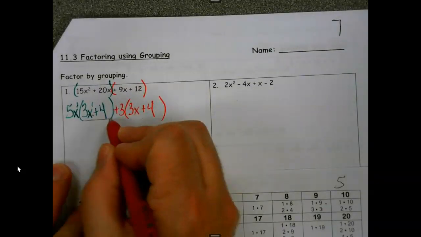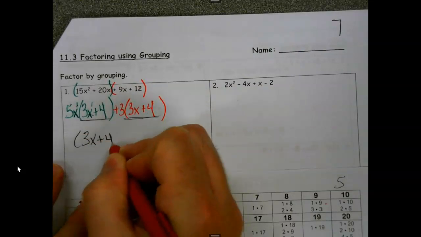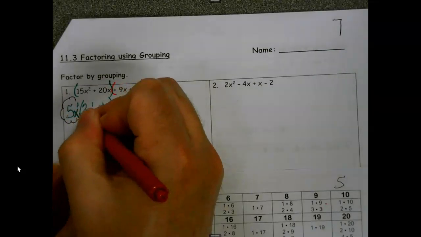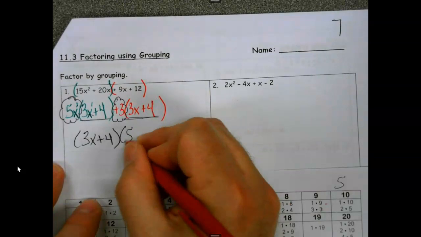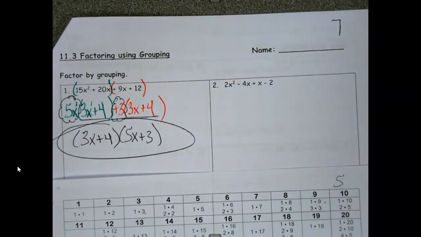So again, take the common set, write one of them down. Take the stuff on the outside, our greatest common factors, tuck them together in the other set, and move on to the next piece.